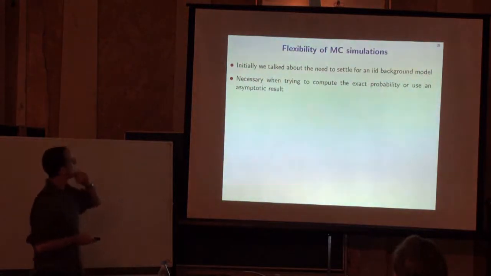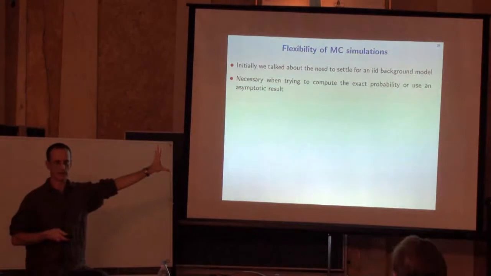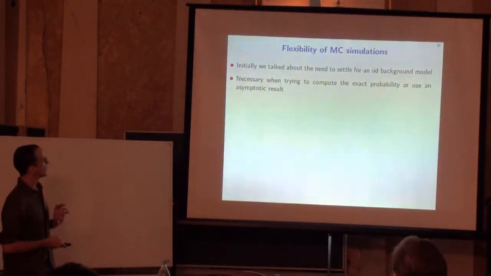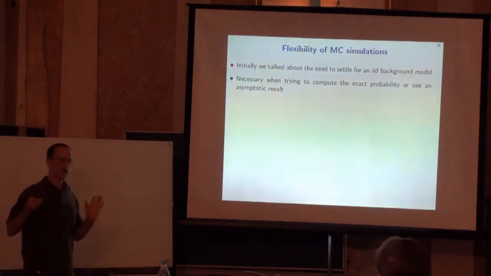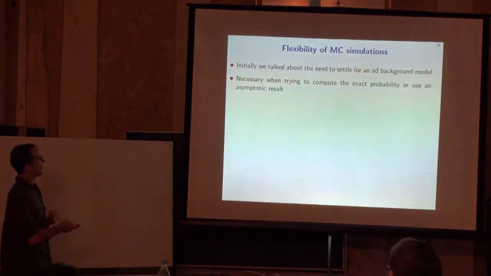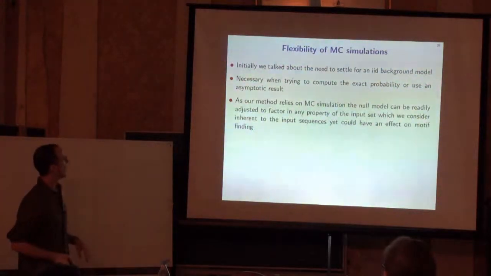Let me just say that aside from the fact that it actually works, there's a huge advantage to using Monte Carlo simulation. With the e-value, I was stuck with the IID model, which is really not good for DNA sequences. With the Monte Carlo simulation, I can use whatever null model I want.